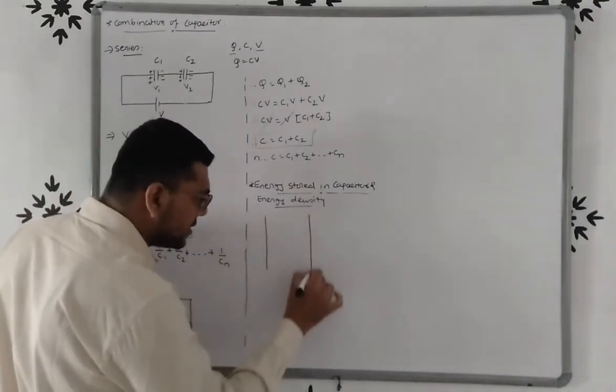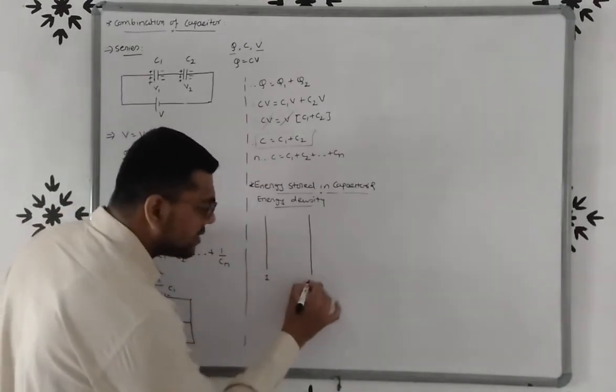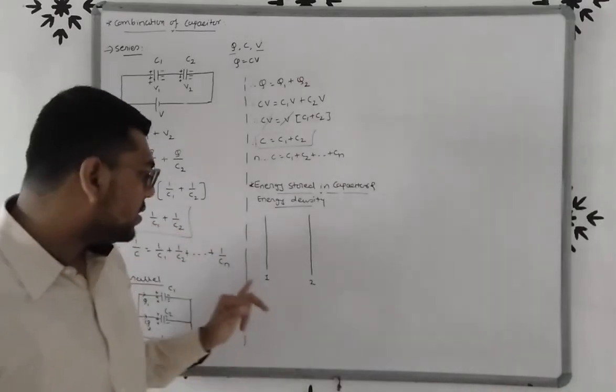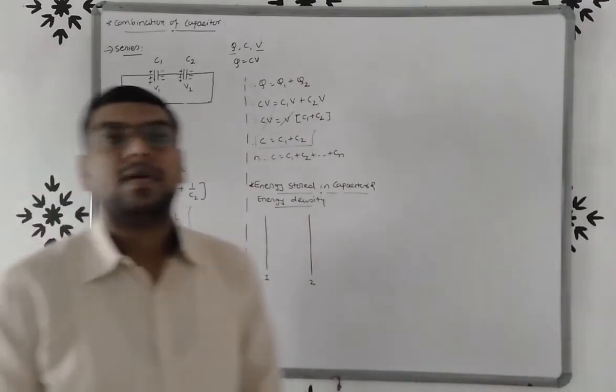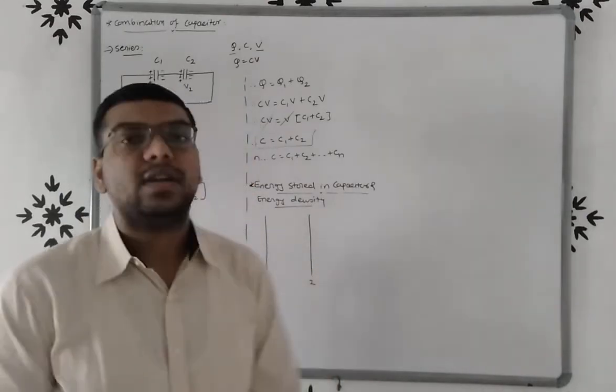Now, to derive the equation of energy stored in a capacitor, we consider two conductors like this. Right? This is conductor 1 and this is conductor 2. Here conductor 1 has a higher potential as compared to conductor 2.